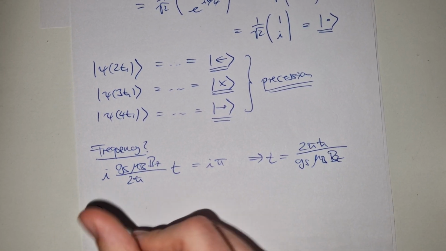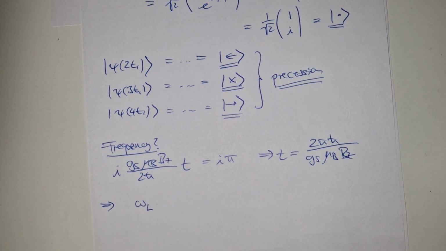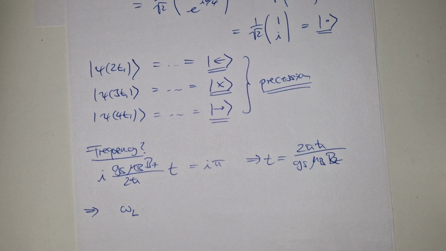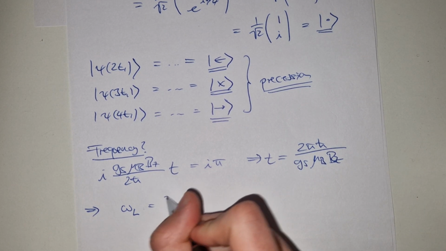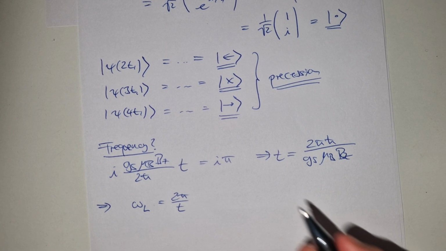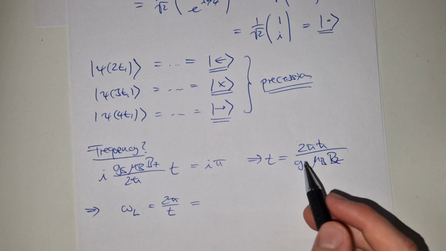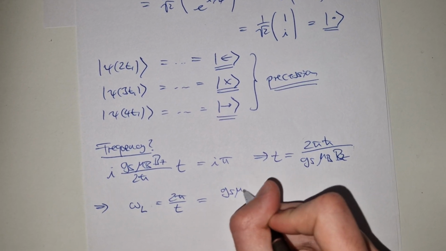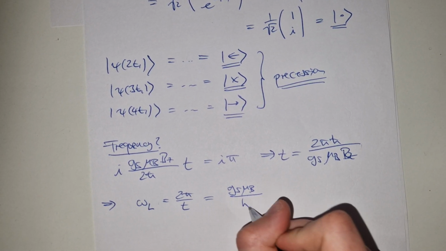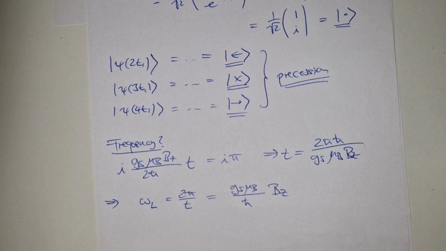That means the frequency, which is often called the Larmor frequency, so the frequency of a spin particle precessing in a magnetic field of strength Bz, is, as always, 2 pi over the time, which is the definition of frequency. So 2 pi over this thing, which is g factor times Bohr magneton divided by h bar times magnetic field flux density.